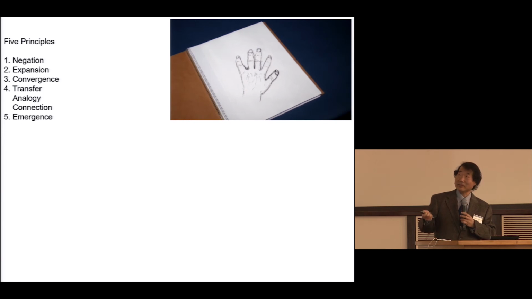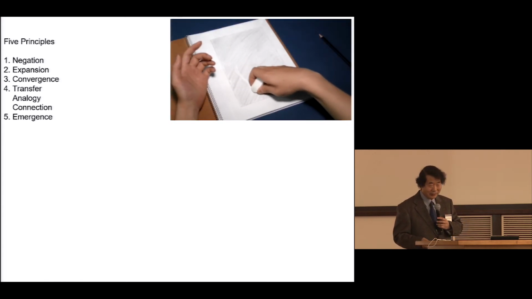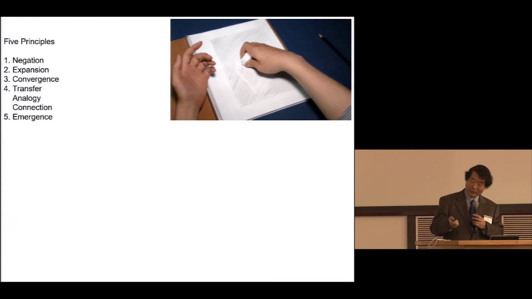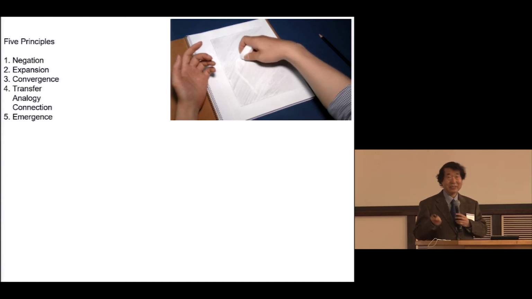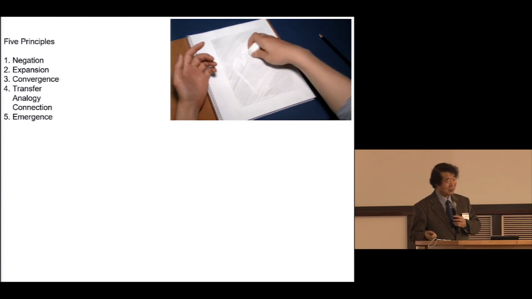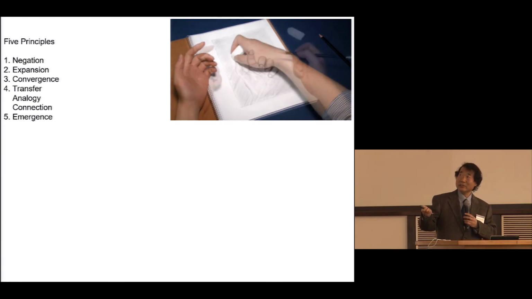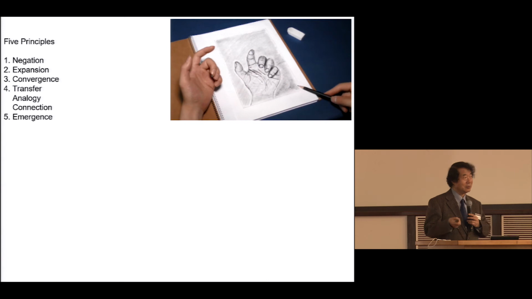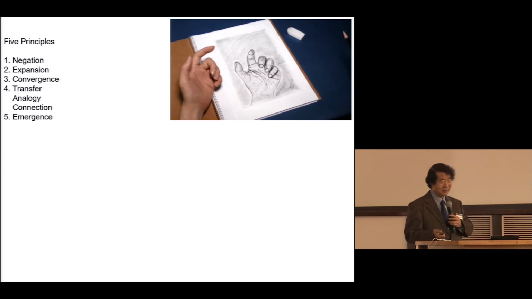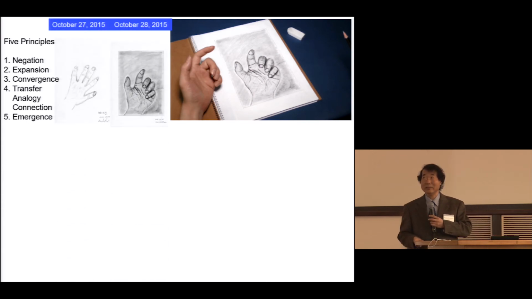The result is simple because of lack of negation. Starting from a gray background, using an eraser, this is a paradox. Using an eraser leads to the appearance of the object. So using 5 principles, the result is quite different from the other one.